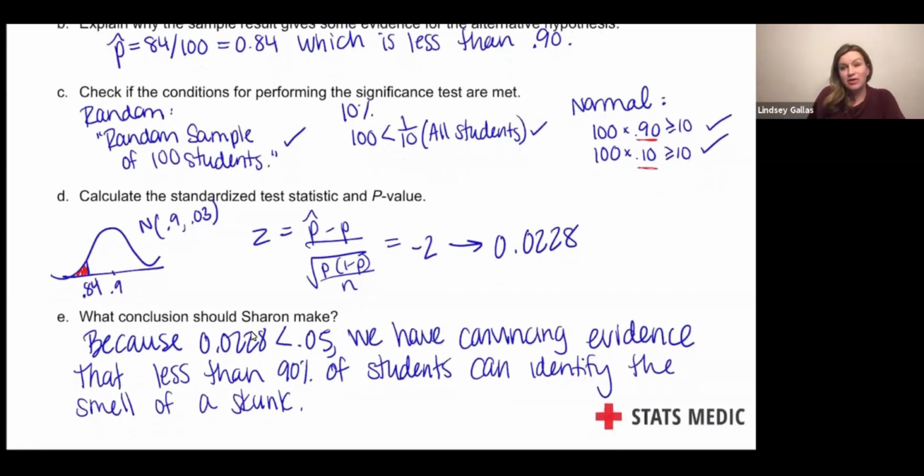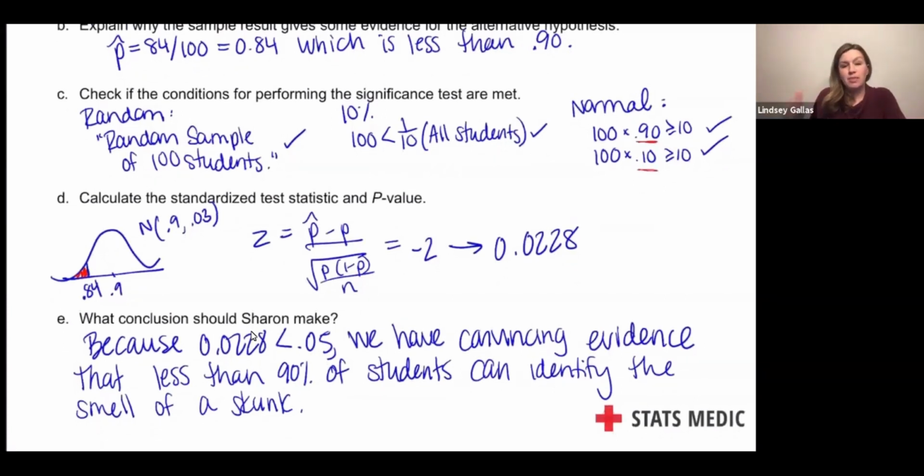All right, so again, a reminder here, I am always looking for a picture, z-score formula, z-score, and then final answer, which now we know is a p-value. So I've got here my picture, make sure it is labeled correctly, my z-score formula, z-score, and then p-value from either table A or normal CDF. And then lastly, what conclusion can we make?